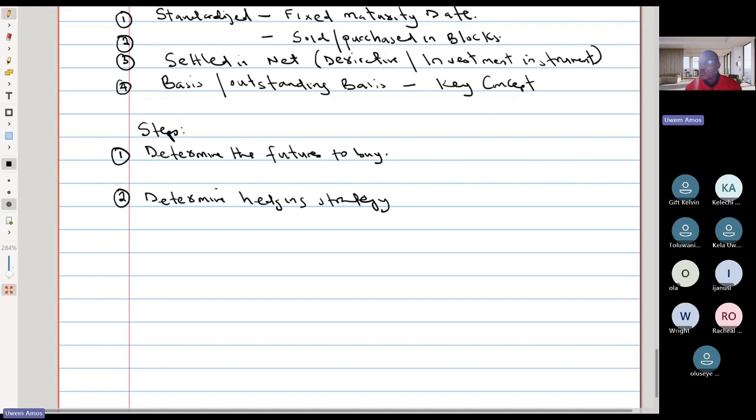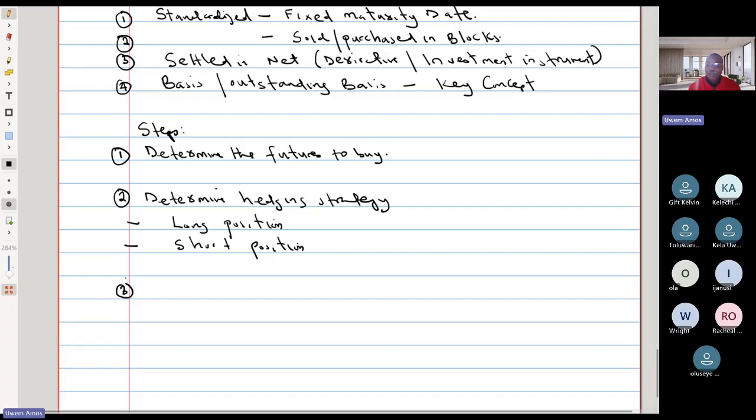And there are only two strategies in the market whenever you're playing the hedging market, that is a long position or a short position. So you're going to take one of those positions. When we solve our question, we're going to explain those concepts.